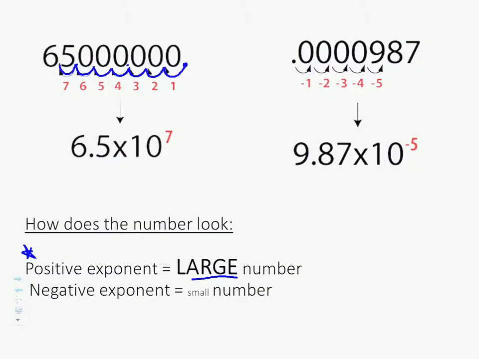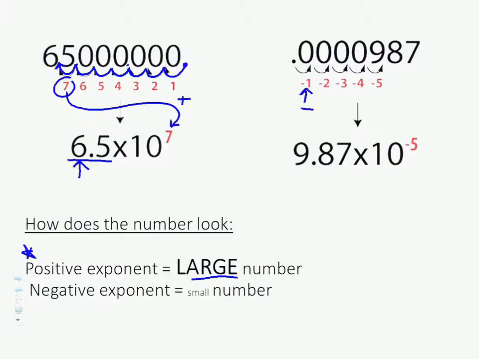Since it got moved 7 times, that number becomes your exponent. Then your 65, notice we only have one number to the left of the decimal. Since we went to the left, it's positive. If we go to the right, our numbers are negative.